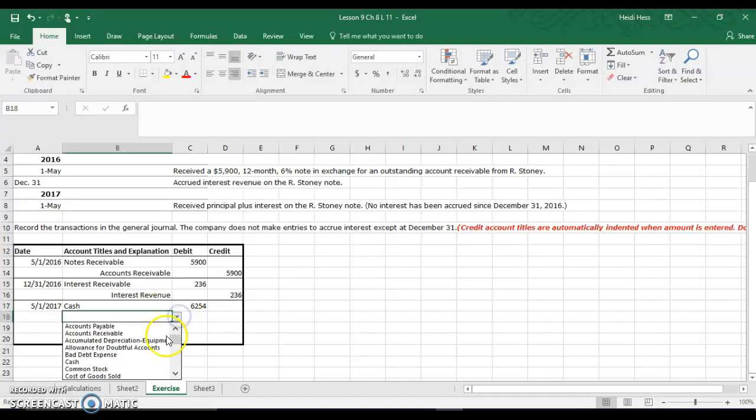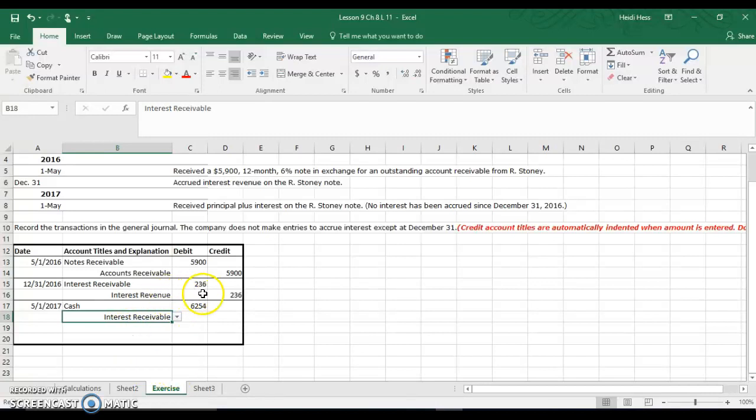Then we can do our interest receivable. We're going to go ahead and credit the interest receivable that we debited before of $236, because we've already recorded the interest revenue right here.